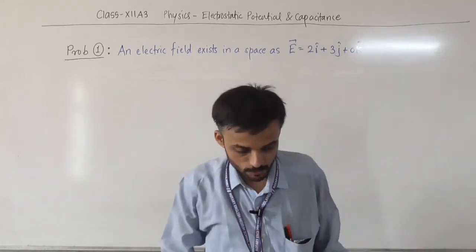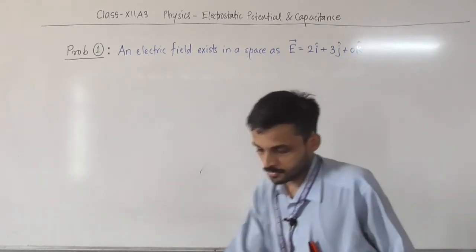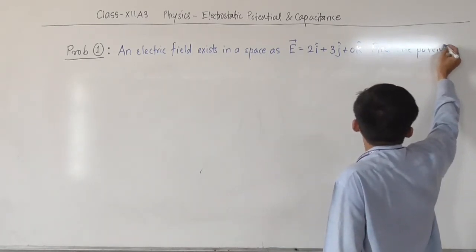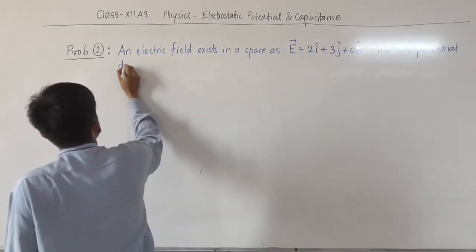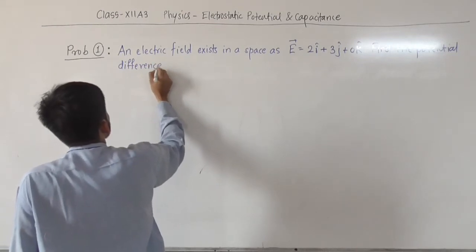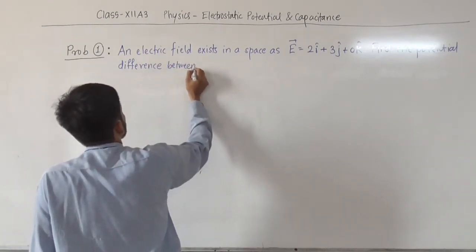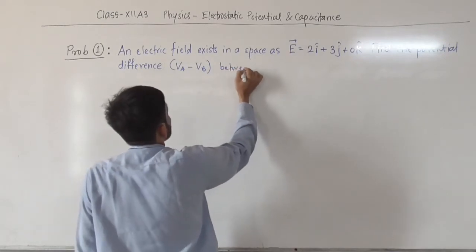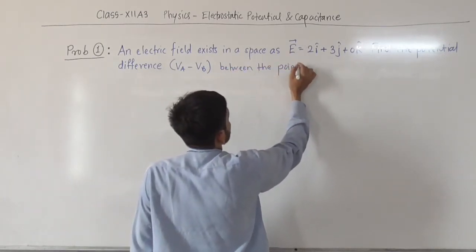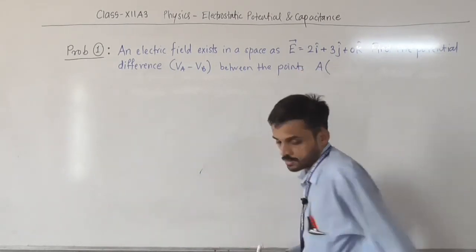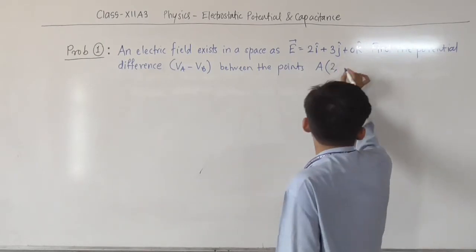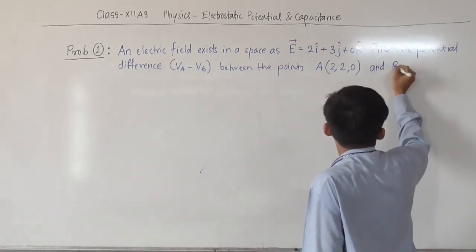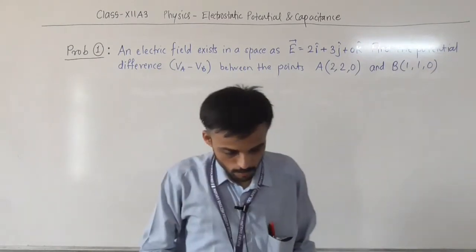Find the potential difference VA minus VB between the points A (2, 2, 0) and B (1, 1, 0).